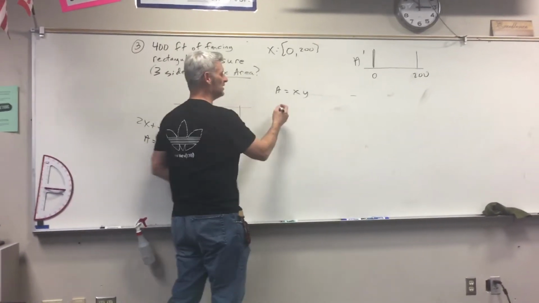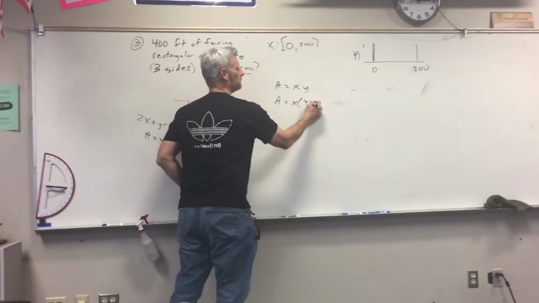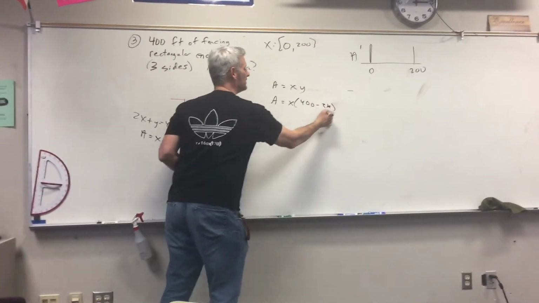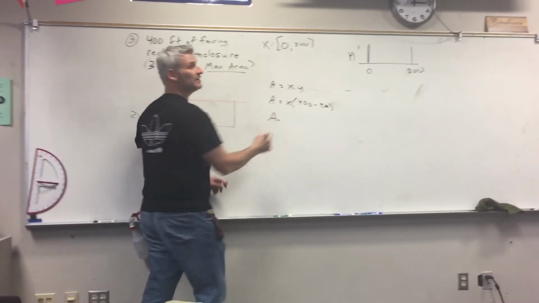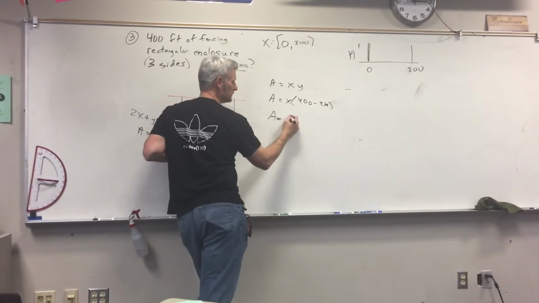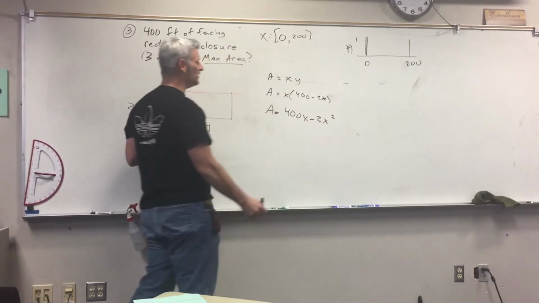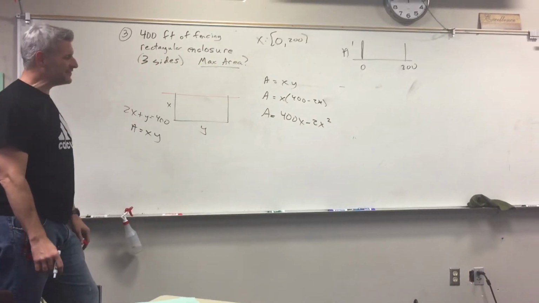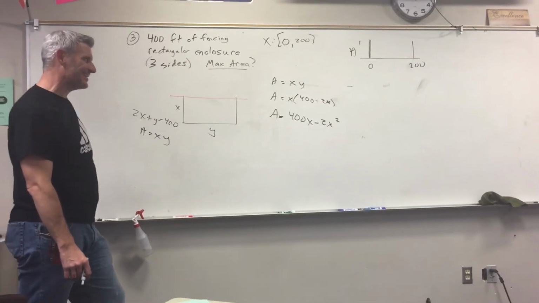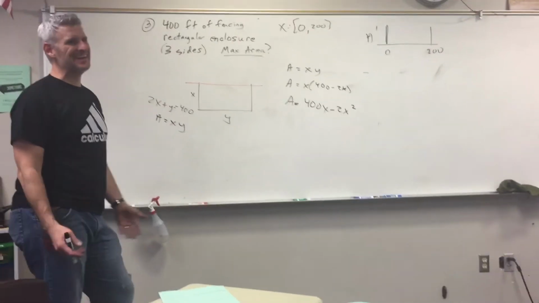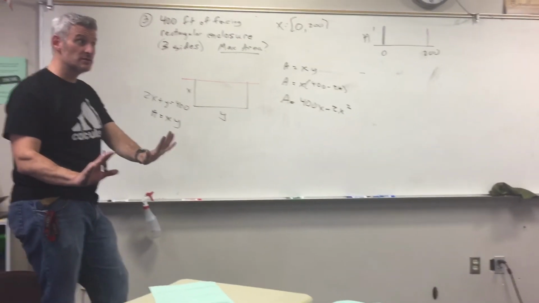So I'm just going to substitute. Hey look, it's another one of these negative cubics. That's good. A equals 400x minus 2x squared. No, it's a quadratic. That's even nicer. It's a negative quadratic. You know what? I don't even need calculus for this one. We're still going to use it though.